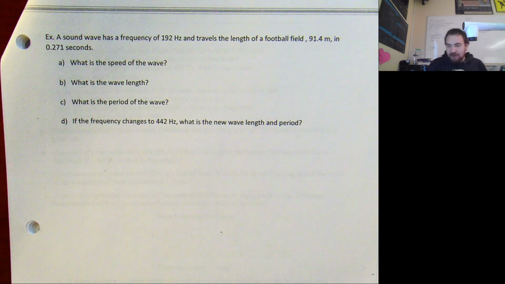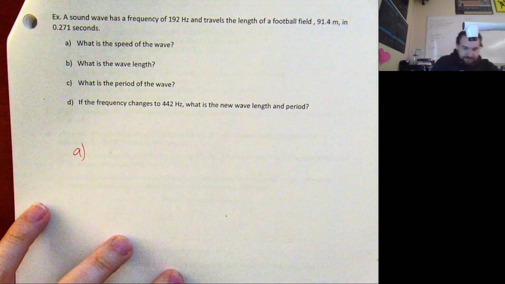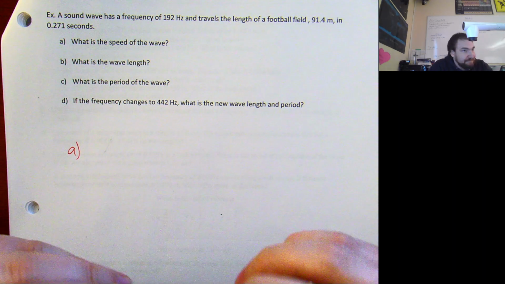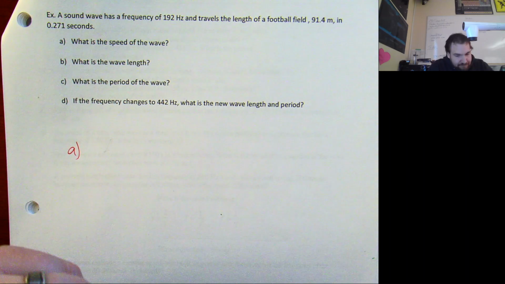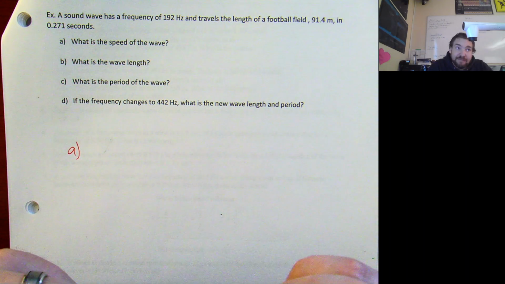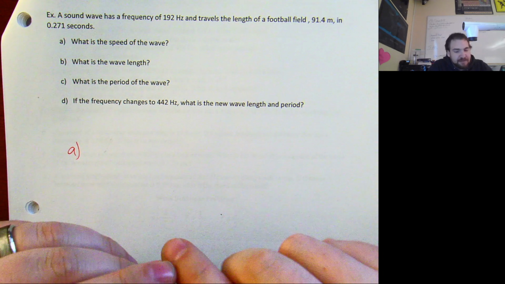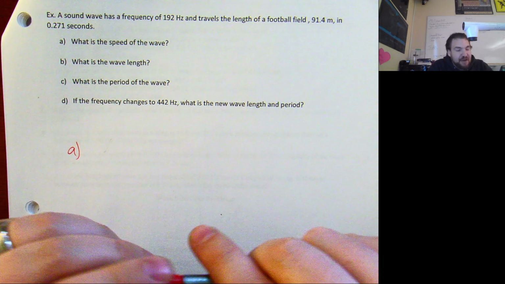So, first we're going to figure out what the speed of that sound wave is. How are we going to figure out how fast that wave's moving? Wavelength times frequency. We don't have the wavelength. Okay. So let's go conventionally. We know that that wave travels how far and how long?